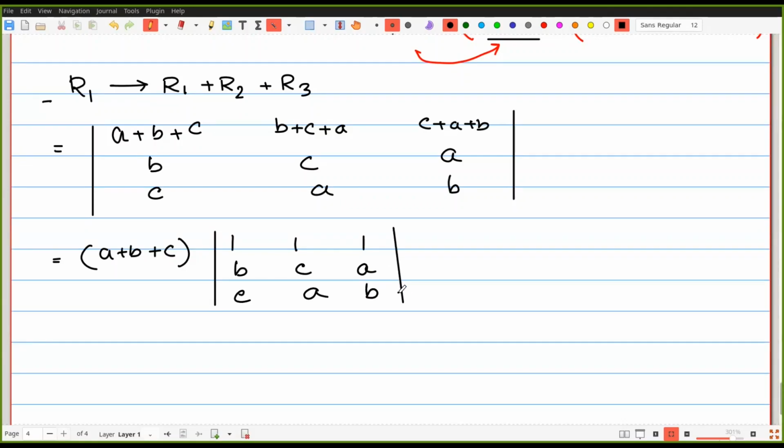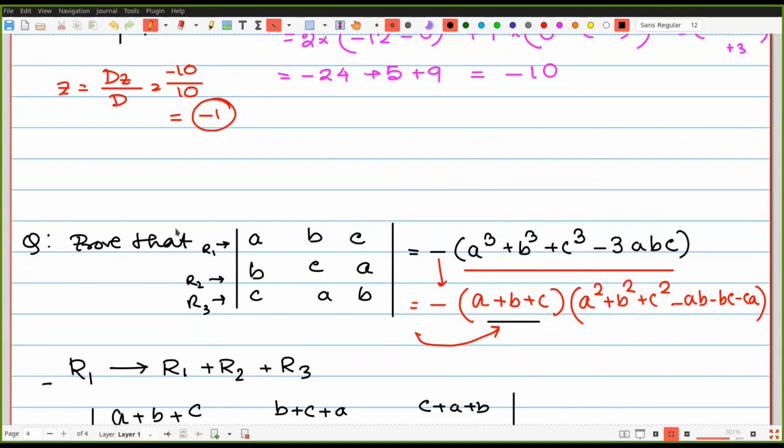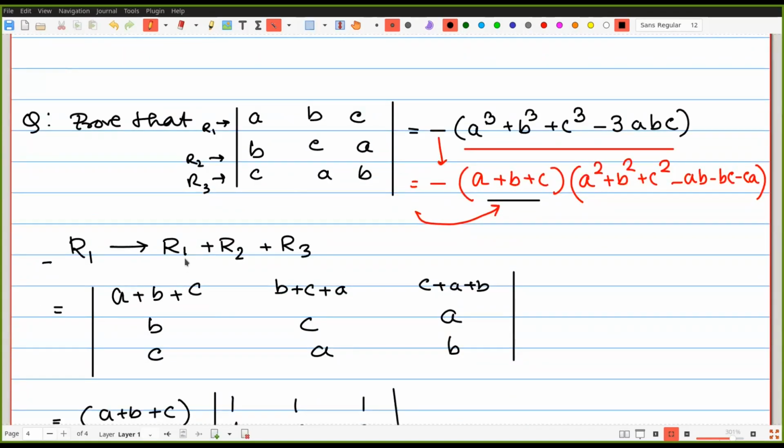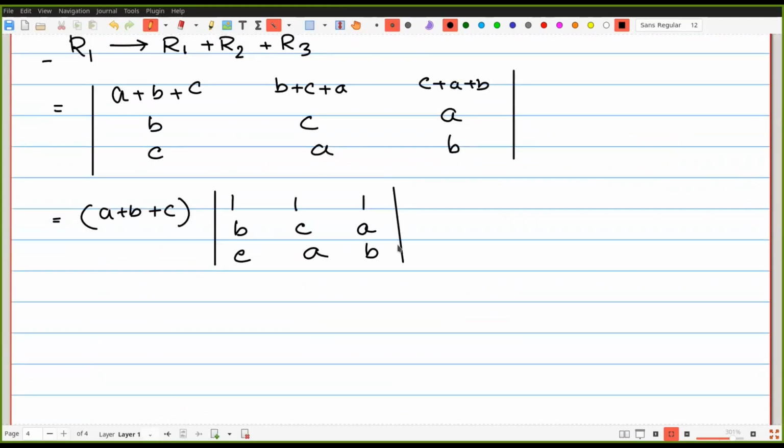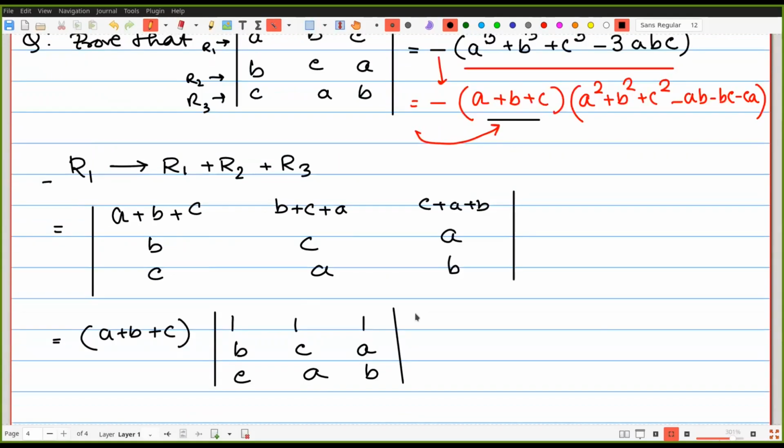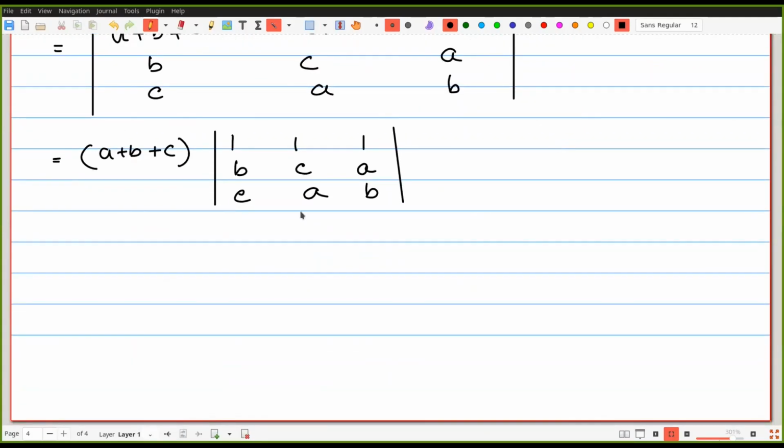As here it has not been described or given that you cannot expand. But from the very first one, if you want to expand, there would be a problem. So here at that moment, we can expand the determinant, and already we have found that common factor a plus b plus c. So the rest part must be there. Okay, let's check.